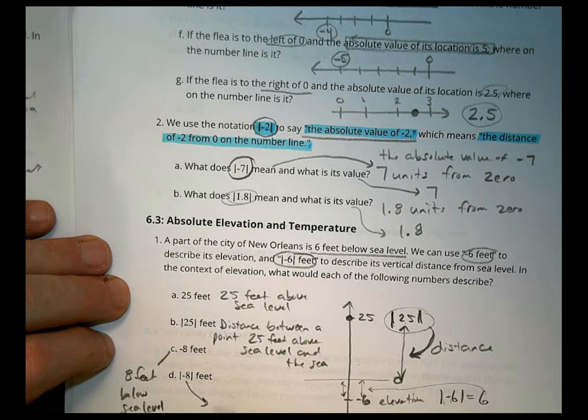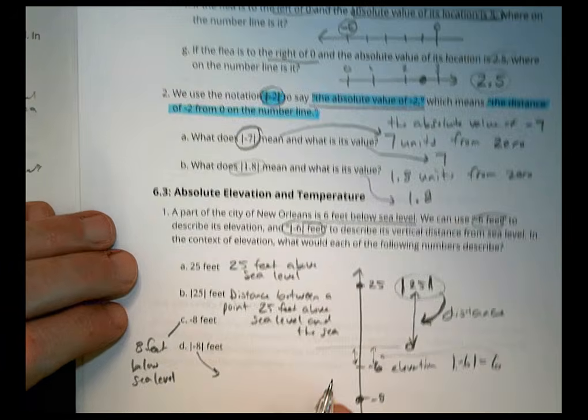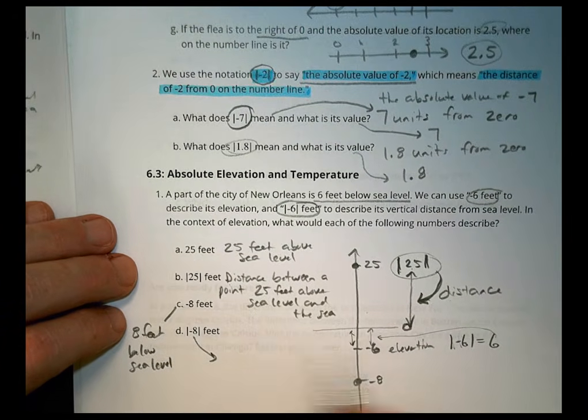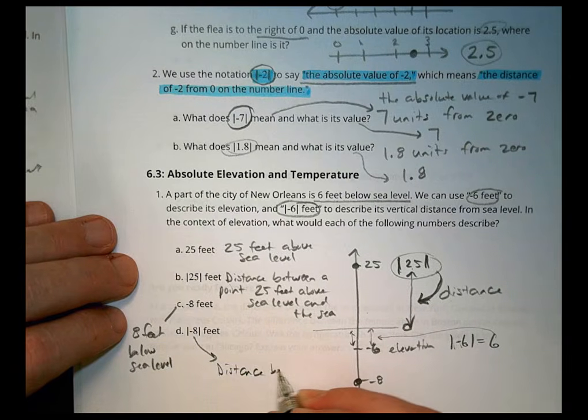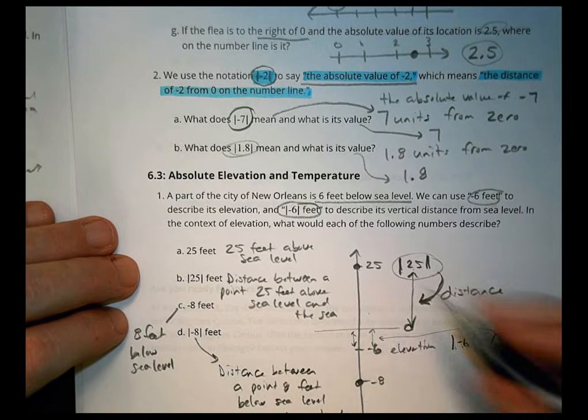But this one, the absolute value of this one, it means what? The distance between a point 8 feet below sea level and sea level. That's going to be that distance, right?